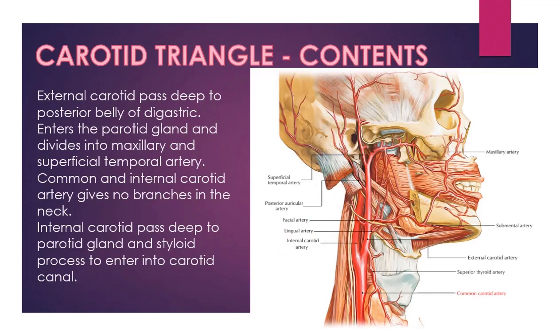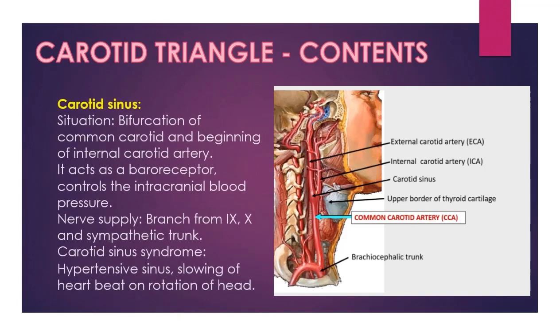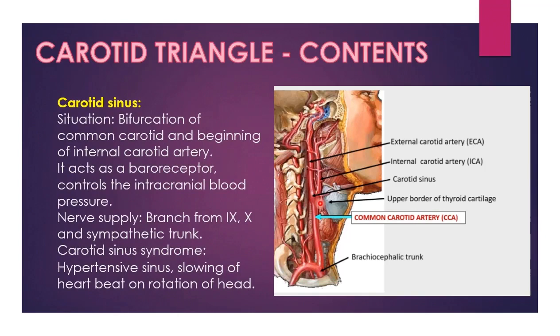Now, coming to the other contents, what is the carotid sinus? At the termination of the common carotid artery and commencement of the internal carotid artery, you see a structure which is called the carotid sinus.